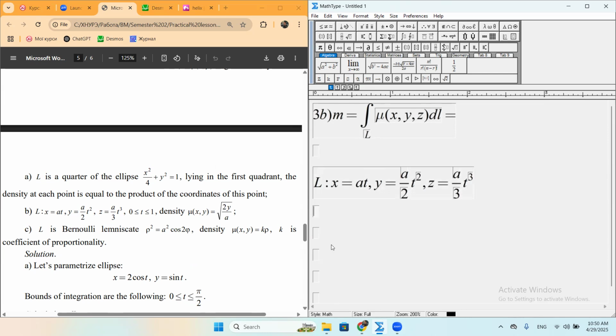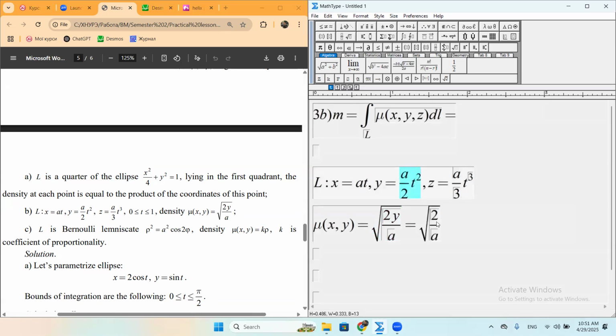And the density is the following: 2y over a. Okay, let's rewrite it as a function of t. So 2 over a multiplied by this stuff.